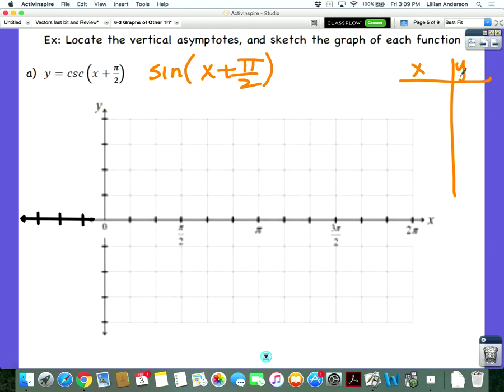What's happening to my x's? Phase shift, pi over 2, left or right? So is that positive or negative? Negative. Anything happen to my y's? No. Nothing. So sine starts at 0 or 1? 0. And then the big 5.